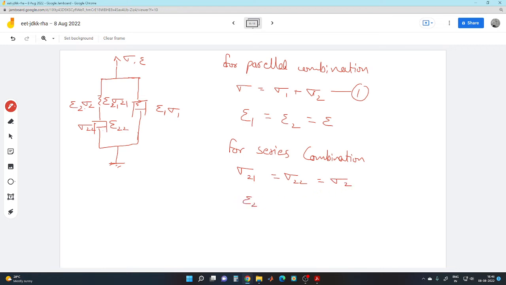And epsilon 2 is basically the summation. Whatever extension happens here and here will add up in the total branch. So epsilon 2 is equal to epsilon 2 1 plus epsilon 2 2. So this can be said as equation 2, this as equation 3, this as equation 4. So we'll keep that in mind.